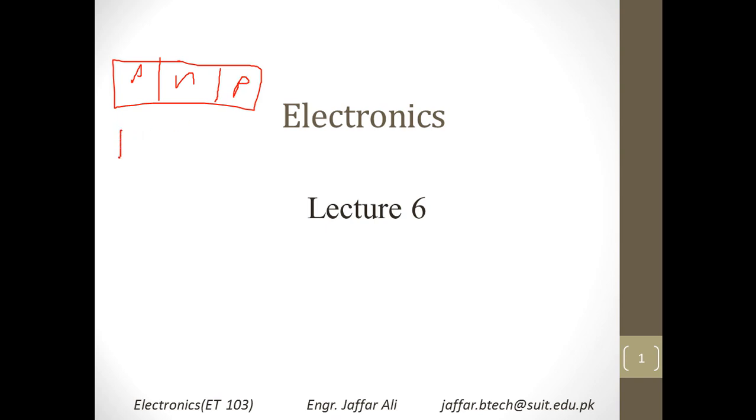You have to put an N in between two P's, or put one P, a positively charged majority carrier element or device, in between two negatively charged or electron majority carrier devices or elements.